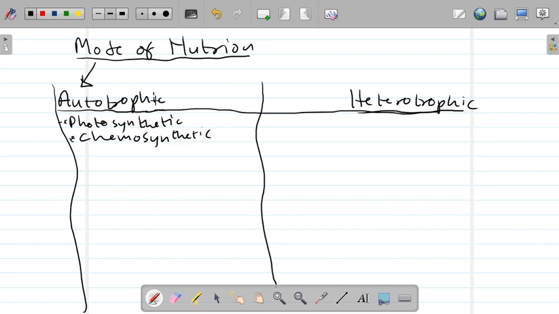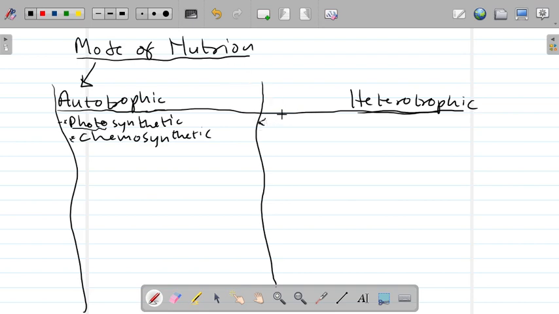Photosynthetic bacteria use photo, meaning light, similar to plants, to make their own food. So they photosynthesize, meaning they have chloroplast. Chemosynthetic bacteria get their energy from chemical processes. They use chemicals to make their own food. Now, what about your heterotrophic organisms? Now, there's several of them.